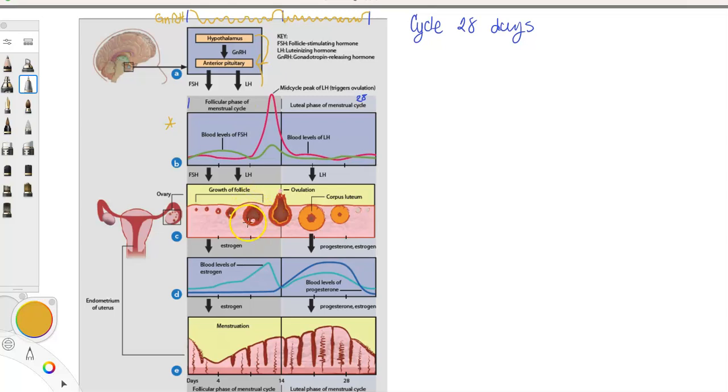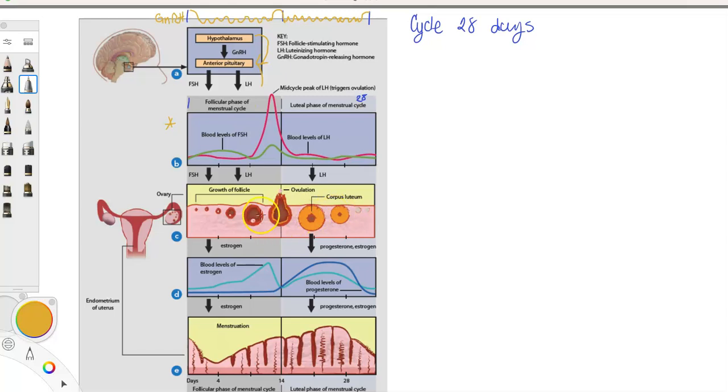We've got our Graafian follicle, our mature follicle, and then we have our slight peak of follicle stimulating hormone, and then we have a big peak of luteinizing hormone, and then we have ovulation. Okay, so our oocyte gets barfed out, and we have what's left, which is the corpus luteum. So we have the corpus luteum, and that's what we've got.